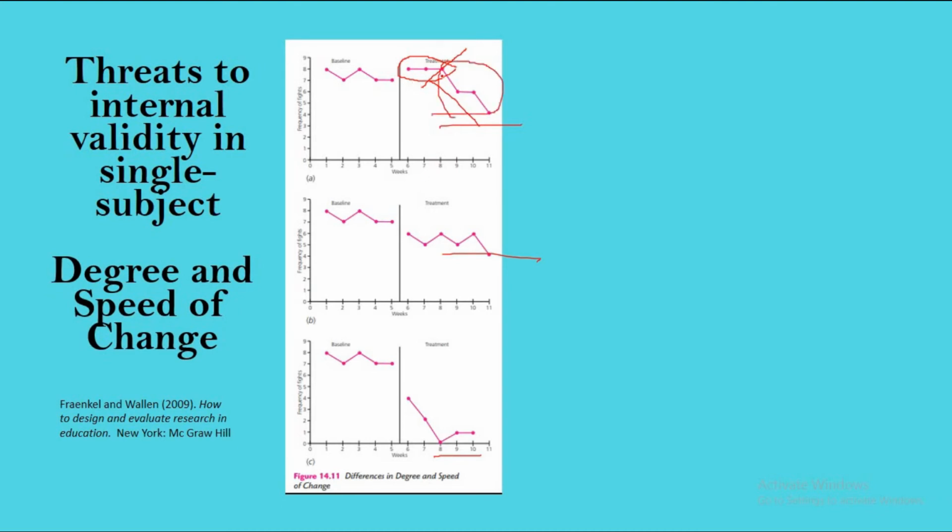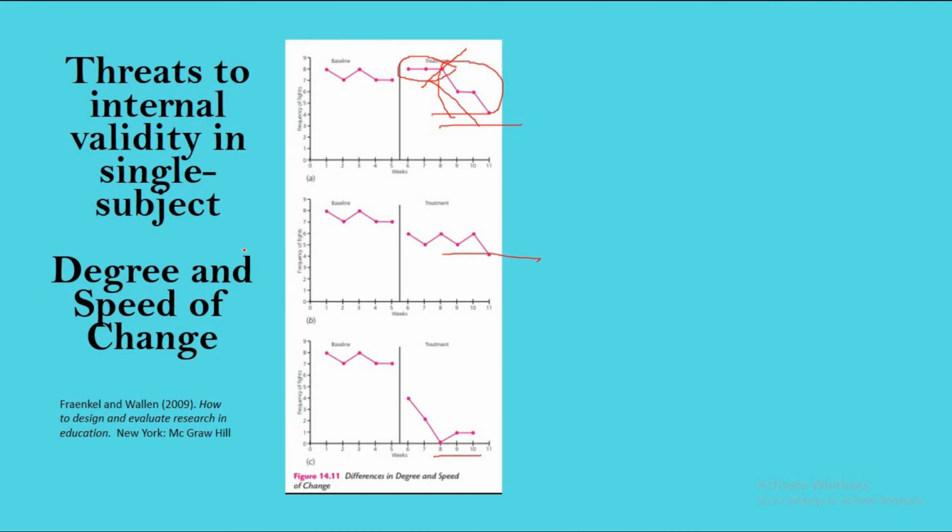So nung umpisa lang, parang immediate reaction lang, pero hindi siya talaga na sustained. So remember here is that the purpose of the treatment is to ensure na sustainable yung reaction, yung behavior ng bata, no? Baka sa umpisa lang, tapos yun naman pala nag-decrease ulit.